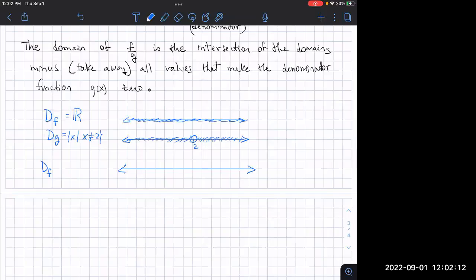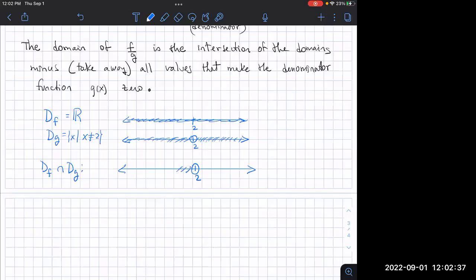Is the number 2 in both sets? No, it's only in f, only on the top. But because it's not in the second, it cannot be in both, so it's not in the intersection. So I take out my 2, but everything else is shaded in both real lines.